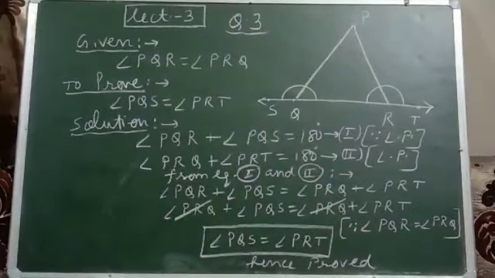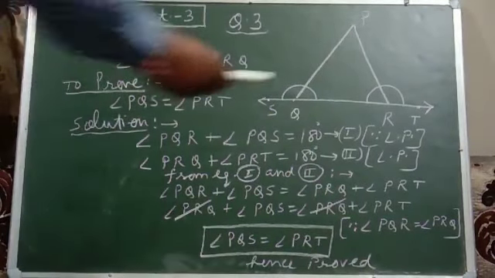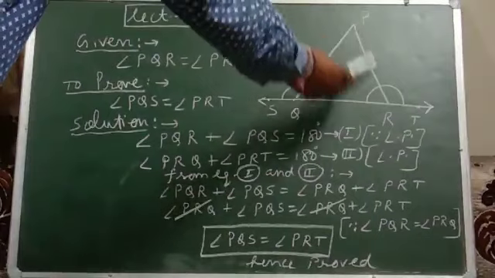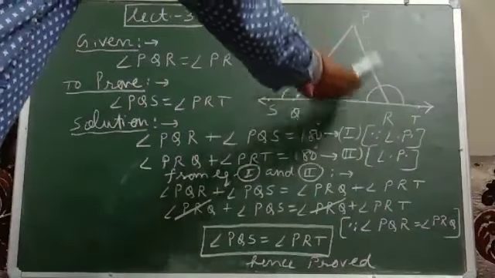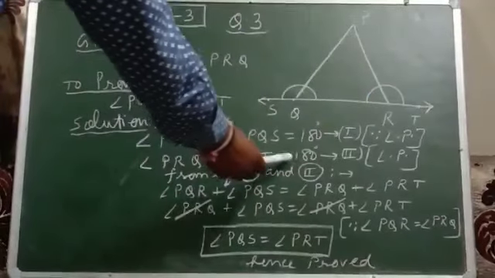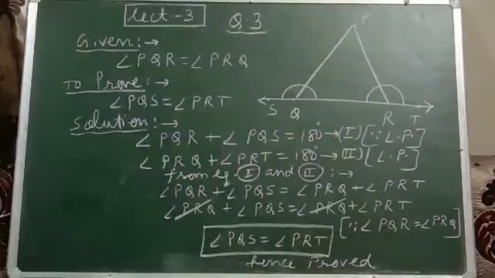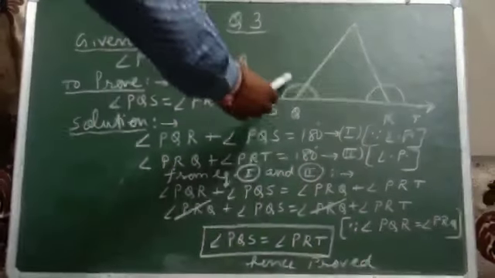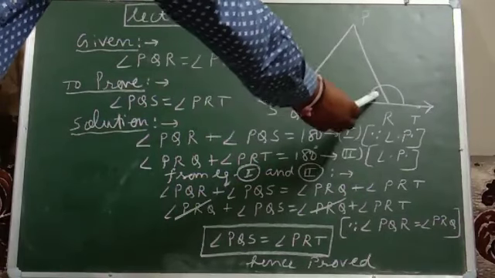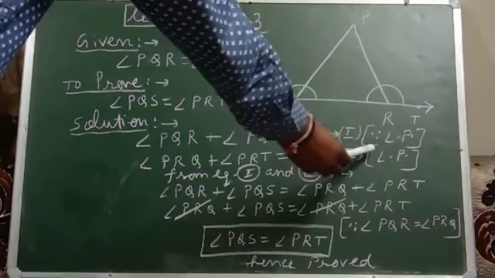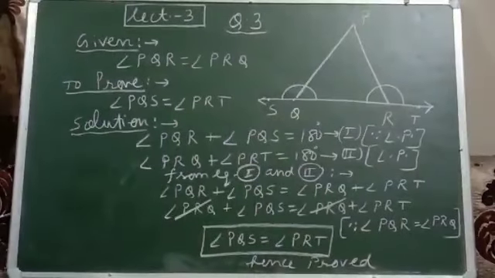Reason is linear pair of angles. Then the name of this angle is PRQ, and the name of this angle is PRT. So PRQ plus PRT equal to 180, equation number second. Reason is again the same, linear pair of angles.